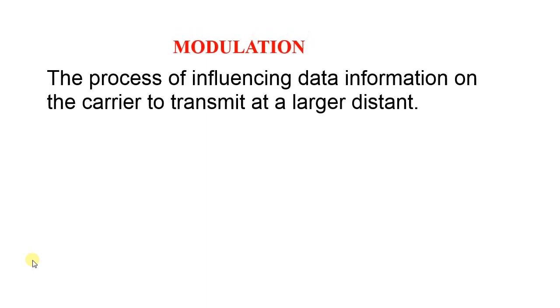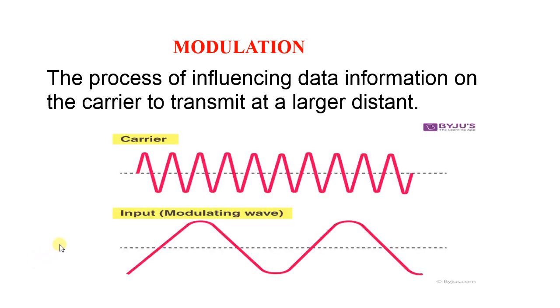So related with this, we have a technique or process which helps to bring the message or information to us, that is simply modulation. Modulation is a process of influencing data information on the carrier to transmit it a larger distance.